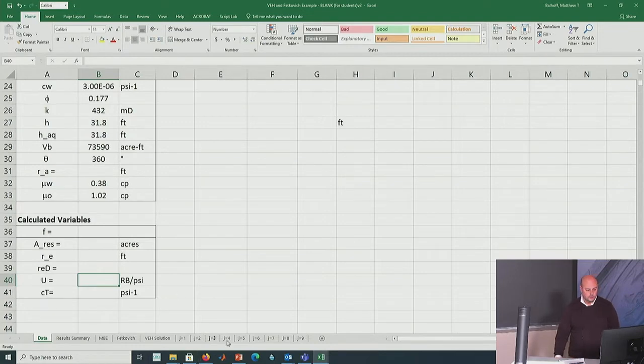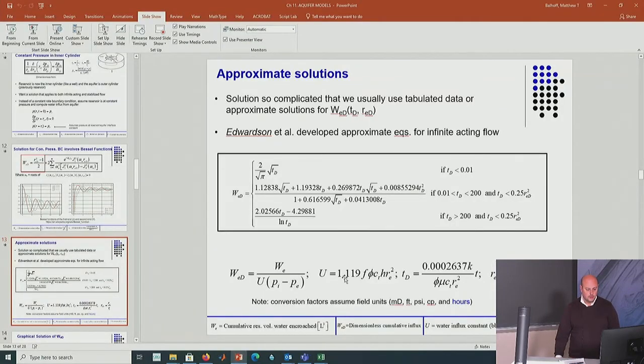Calculate U. So we have a U given here. This is on slide 13 of your PowerPoint notes. And I'm going to repeat something I have in the past. This 1.19 is a conversion factor.